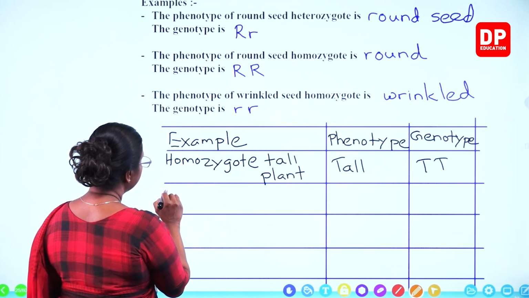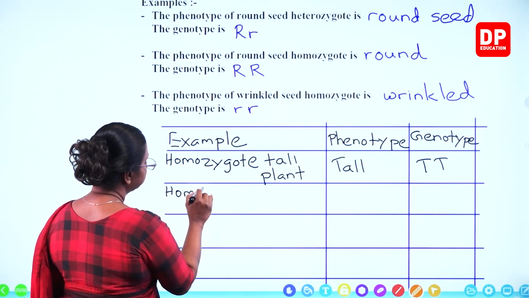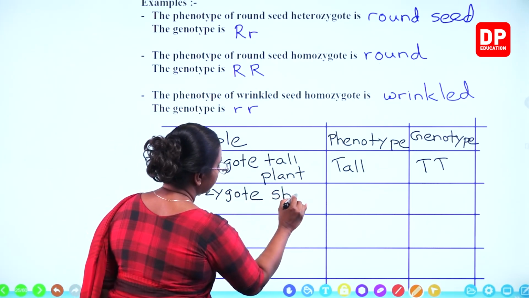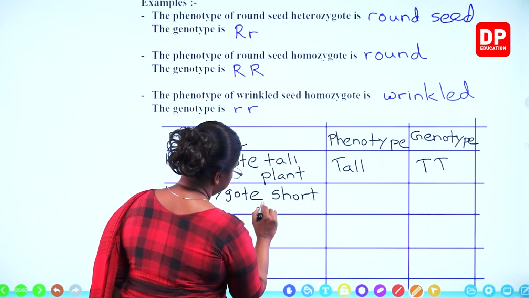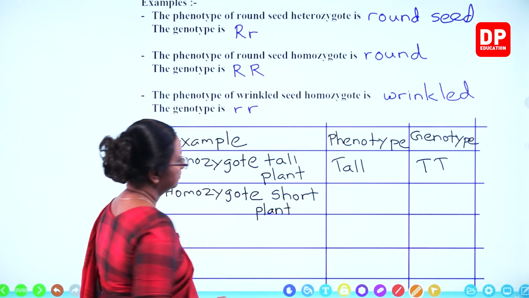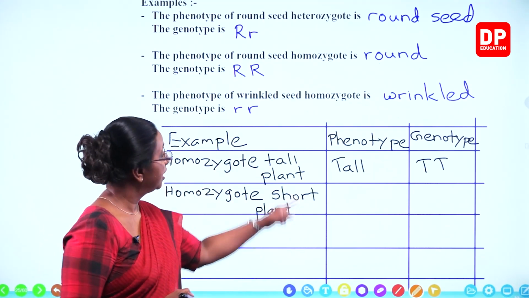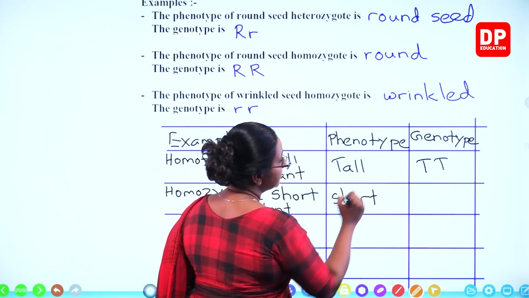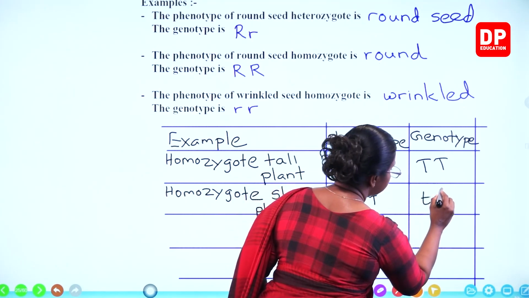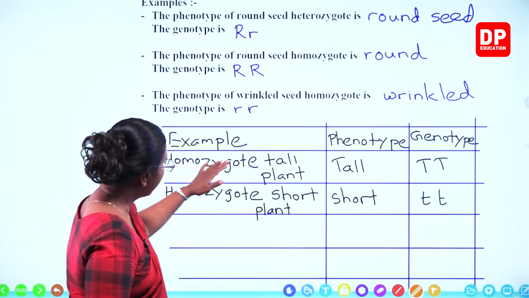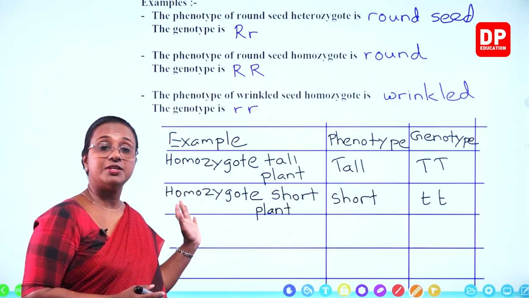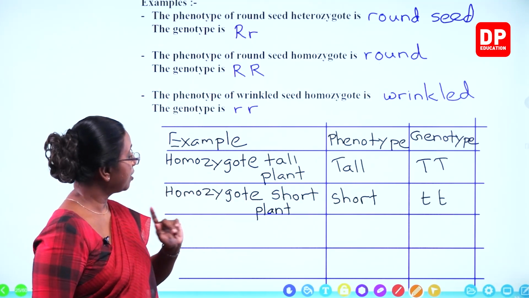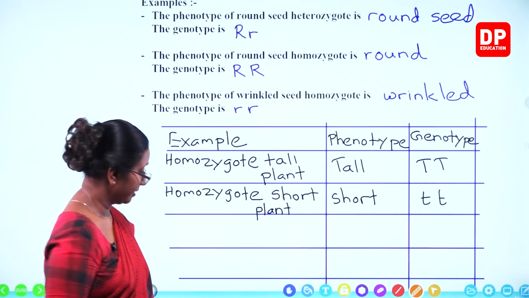Then if we have homozygote short plant, can you all guess? Phenotype: short. And what is the genotype? Simple T, simple T. By now, you all should remember the dominant character and the recessive character. Tall plants are dominant, short plants are recessive.